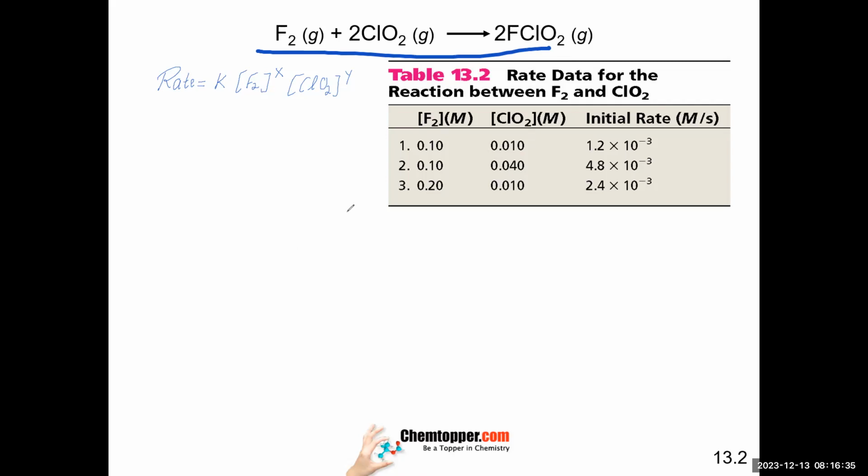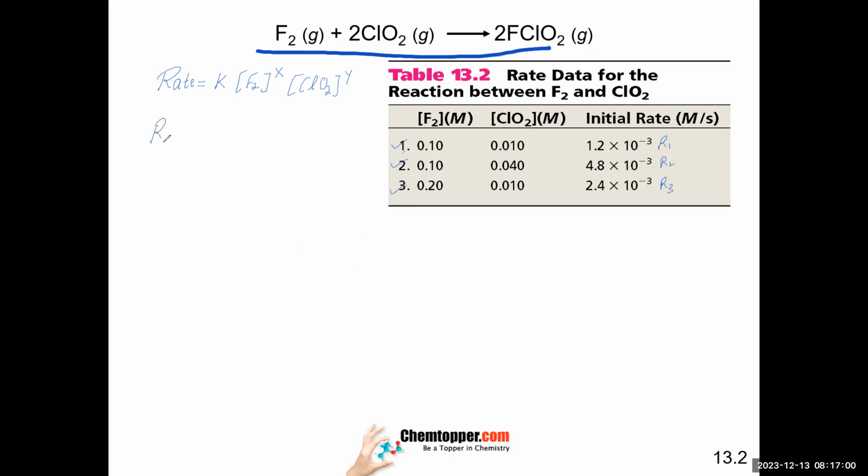Okay. Now, a student is performing experiments. This is experiment 1, 2, 3. This is rate 1, rate 2, rate 3. So I'm going to show you mathematically how to determine this x and y. Pick up experiment 1.